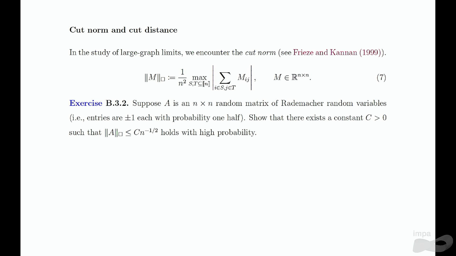This looks very similar to what we saw a moment ago in our other definitions of cut. Here we see a max, but we're just defining a norm for the time being.